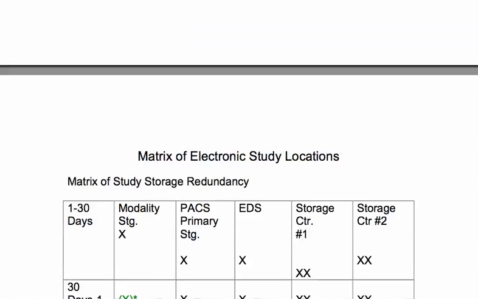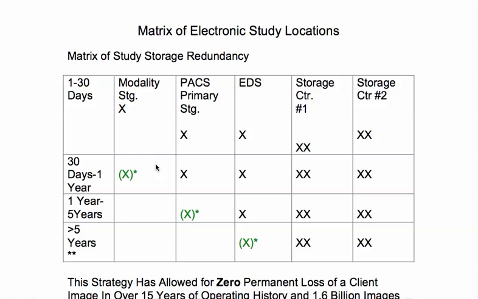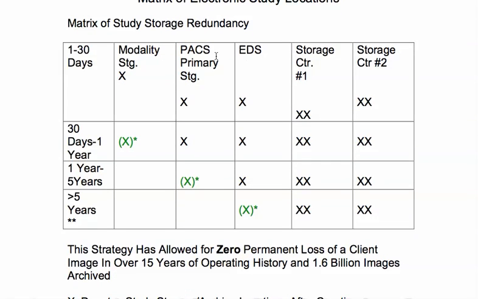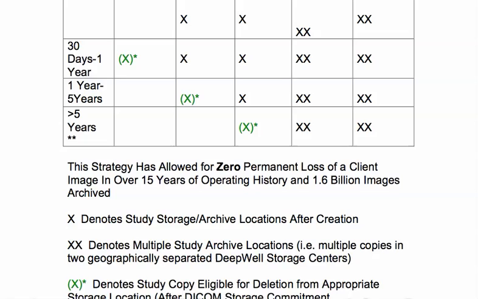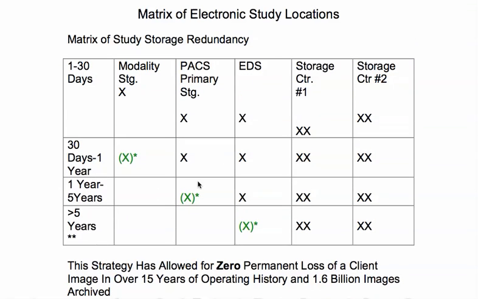So this is starting to sound, I'm sure, like a very well-protected, well-thought-out solution. We at Deepwell believe it. It certainly is. So where's that diagnostic study? Let's look at the location of the diagnostic study data and what happens over time on those different storage locations. The modality here, these green X's imply, as we show in the text down here, that the study data is available for deletion.